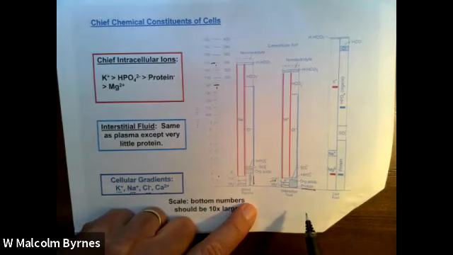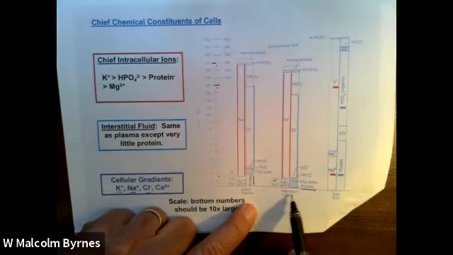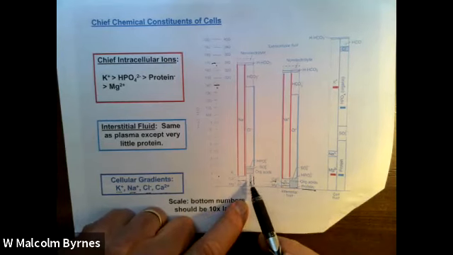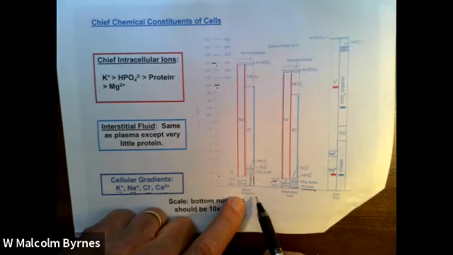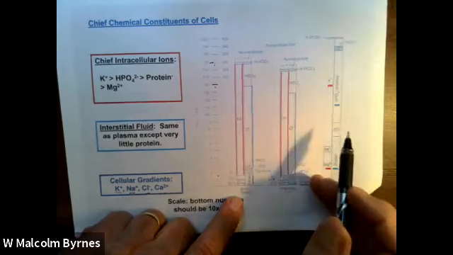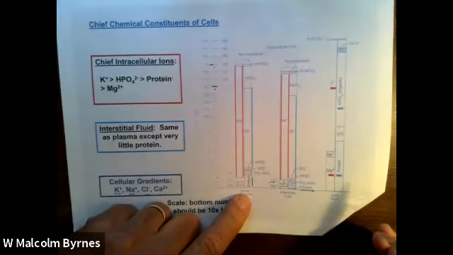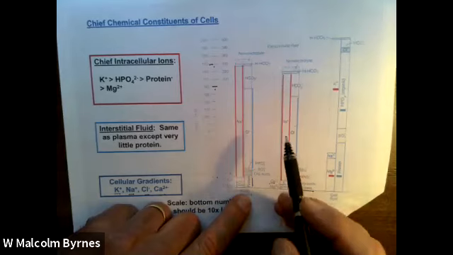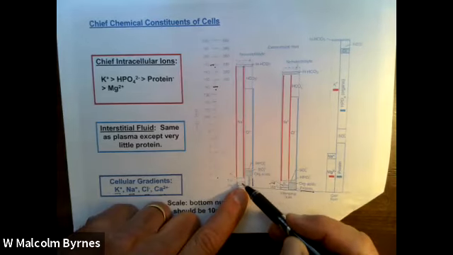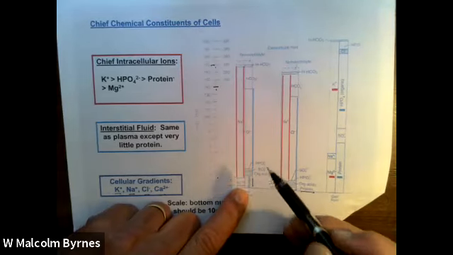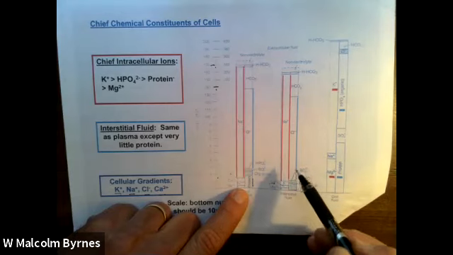So interstitial fluid, it turns out, is very similar in composition to blood plasma, in the sense that there's a lot of sodium outside of cells and in blood plasma, not as much potassium. And there's a lot of chloride outside of cells there.